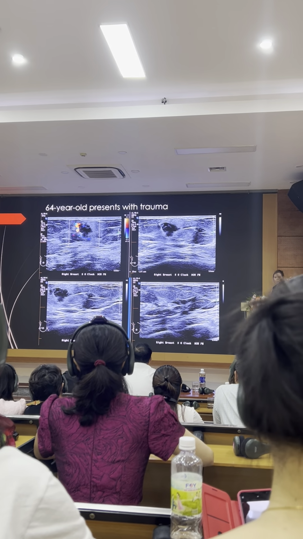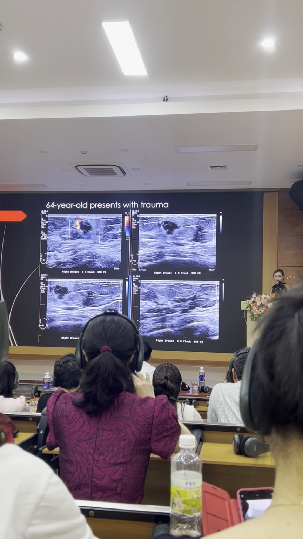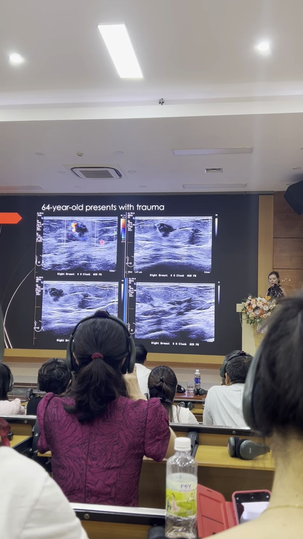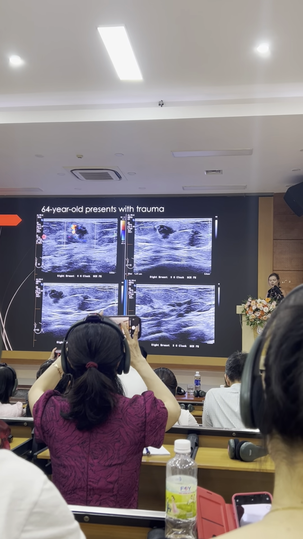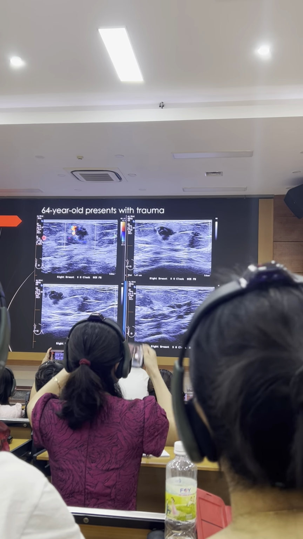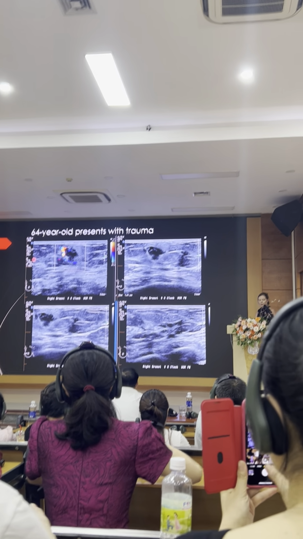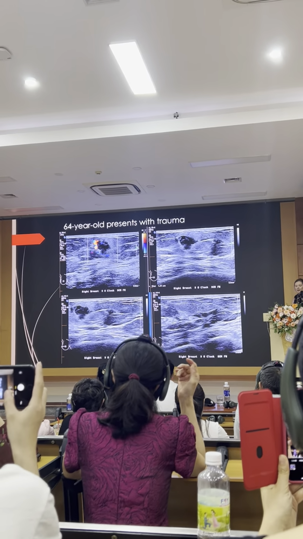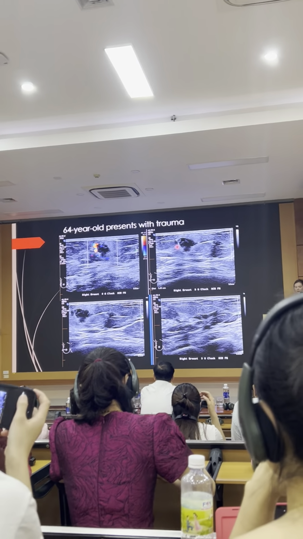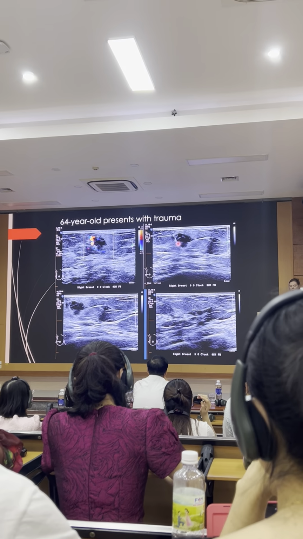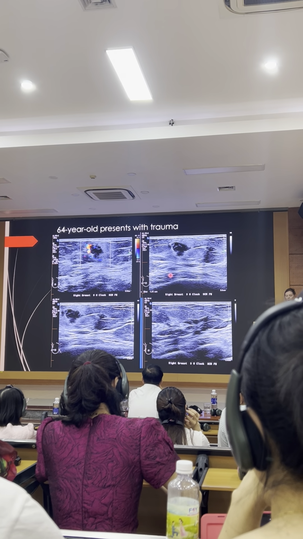And also you have to be aware of people who actually present with trauma. This was a case that we had recently, where a 64-year-old woman presented with a very good history of her dog jumping up onto her chest wall. She had a bit of redness on her chest wall. Initially, we were thinking possibly this is fat necrosis. You can see it's this mixed solid and cystic lesion, with a bit of an echogenic wall to it.